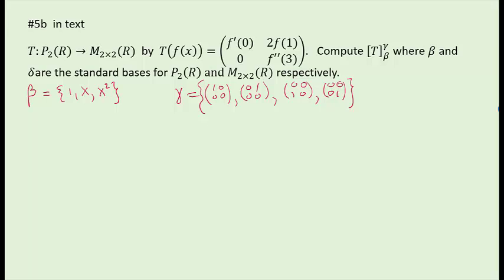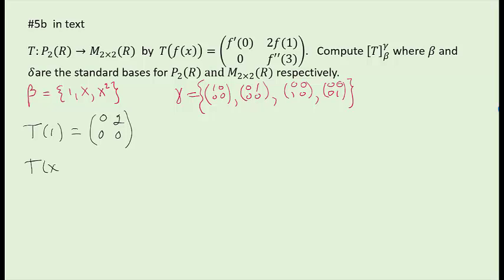So again, we see what it does to the basis vectors in P2. So we calculate T of 1, and going by the rules here, f prime of 1 is 0. 2 times f of 1 is 2 times 1 is 2, and we get 0, and of course the second derivative is 0.